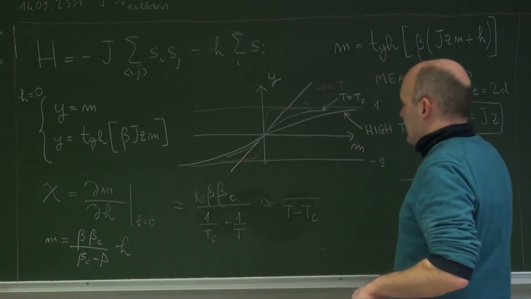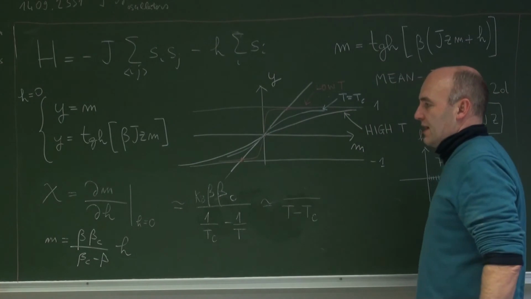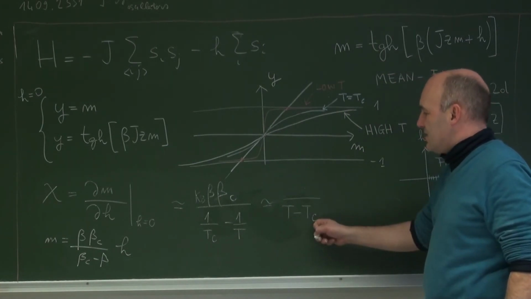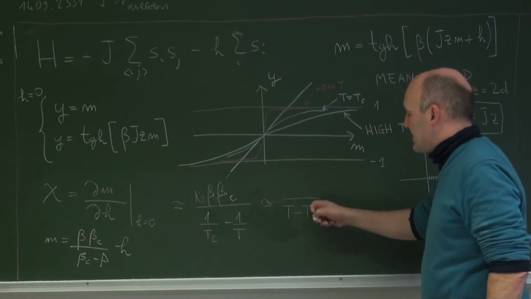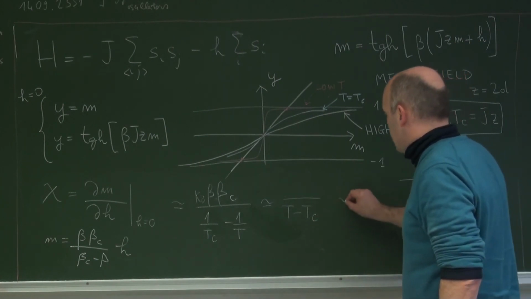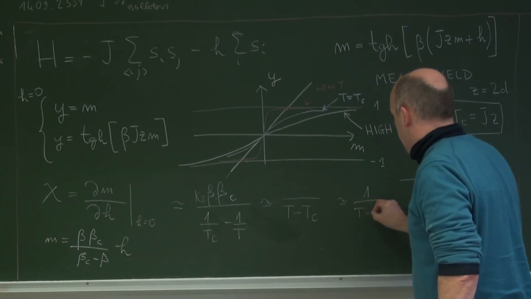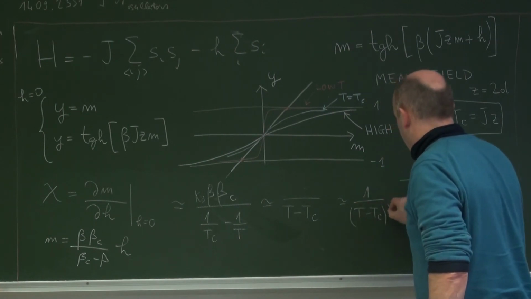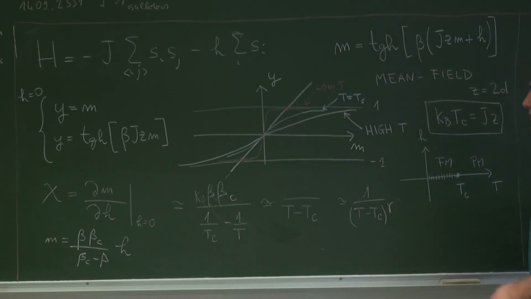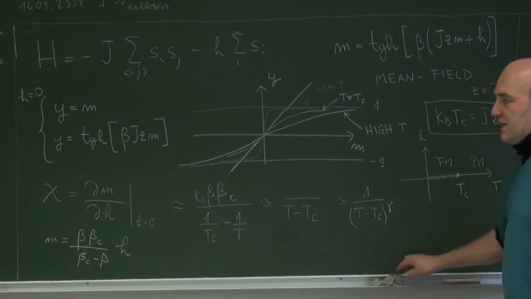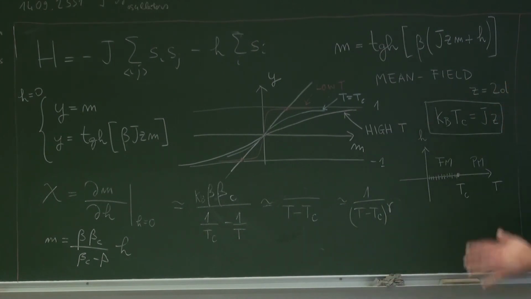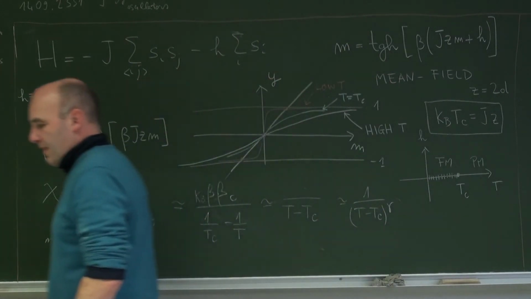So it is divergent as we approach the critical temperature, and it diverges with an exponent gamma equal to 1. You remember we defined an exponent gamma, the power of the divergence. So we have now shown that gamma is equal to 1. In other words, all the critical exponents that we derive from this analysis are identical to those that are obtained from the analysis of the van der Waals model.